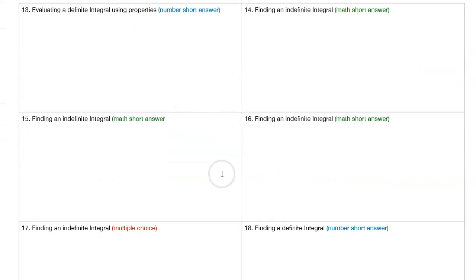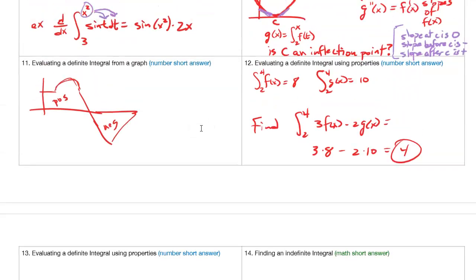Question 13, evaluate a definite integral. Do you guys have any questions at this point?